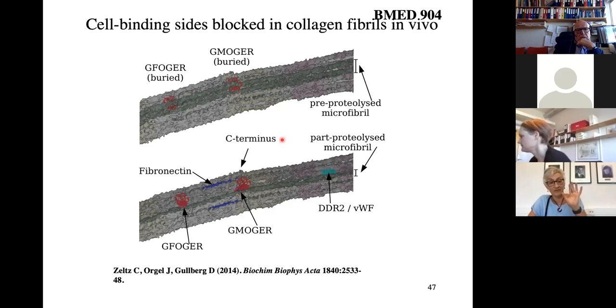We will not go so much into also that the fibrillar forms of collagens are so tightly packed that in mature tissues, integrins are not able to bind.